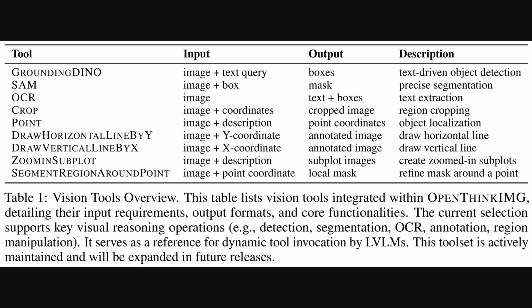Each tool has specific inputs, like an image and maybe some coordinates or text, and produces outputs like bounding boxes, text, or an annotated image. This diverse toolkit is what allows the model to interact with the visual information in so many different ways.